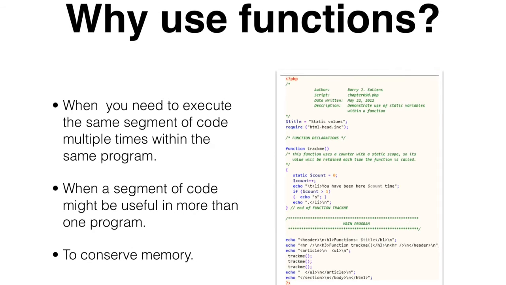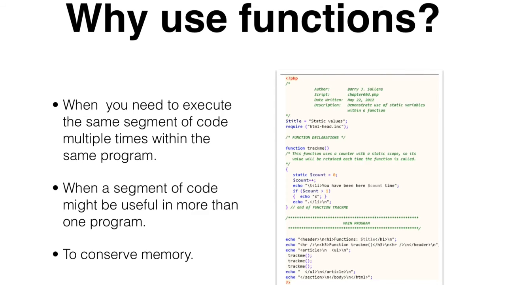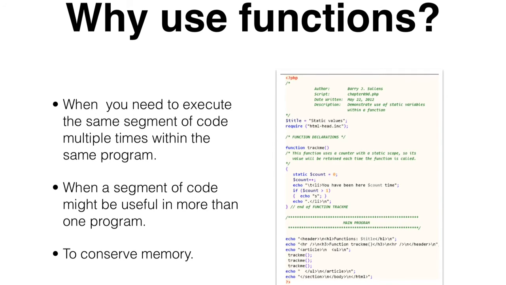And here's why. If you actually list the segments of code that would be in a function multiple times within the program, first, the program is much larger than it needs to be. But secondly, every time those lines of code are executed, we're creating more and more space that's being used in memory.